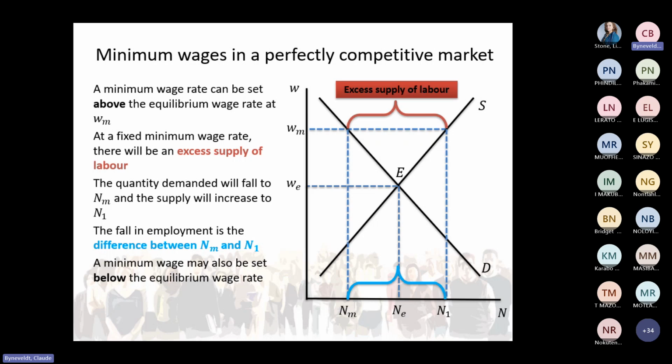There has been a change in the minimum wage rate from the 1st of March 2024. You can Google that in terms of the Basic Conditions of Employment Act. The minimum wage rate currently per hour is about 27 rand something.